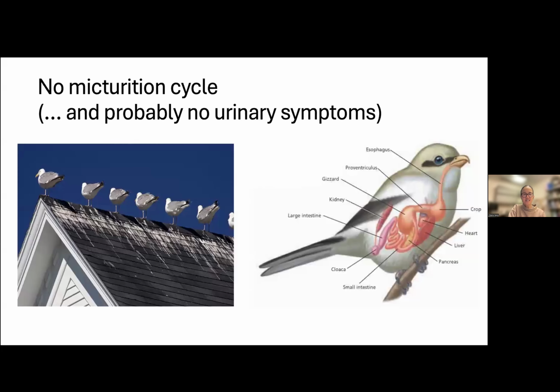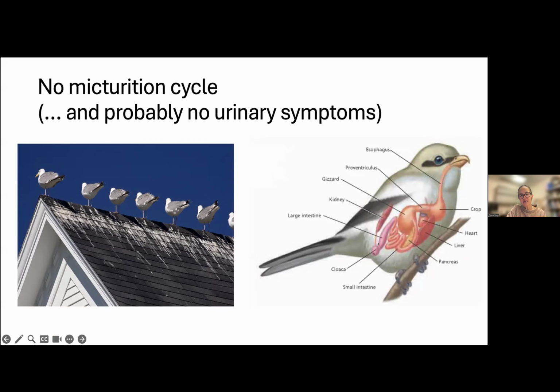Now, this is an example of a species that doesn't have a micturition cycle, and probably doesn't have any urinary symptoms: birds. Birds do form urine, and here is the little kidney in this bird. It has a ureter, and it dumps into a passageway called the cloaca.